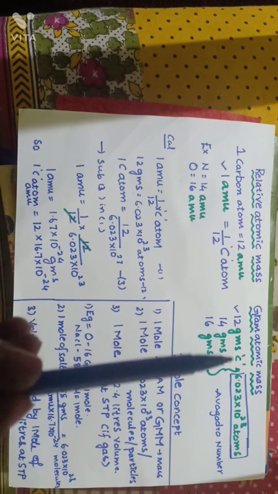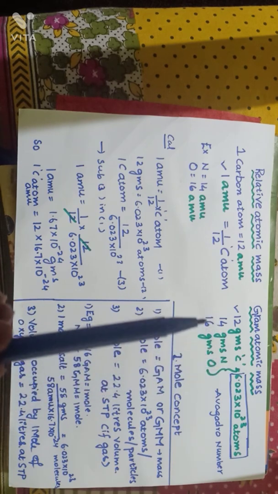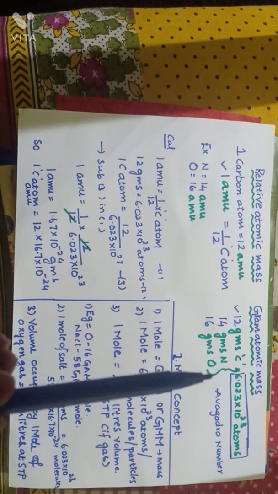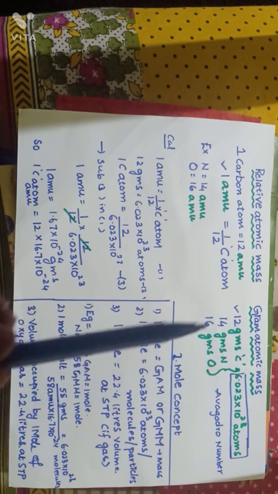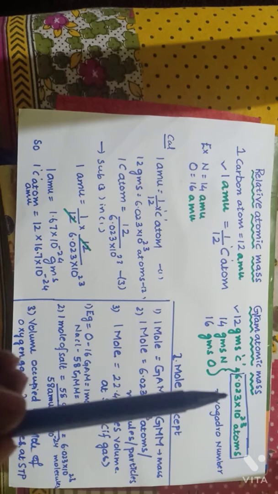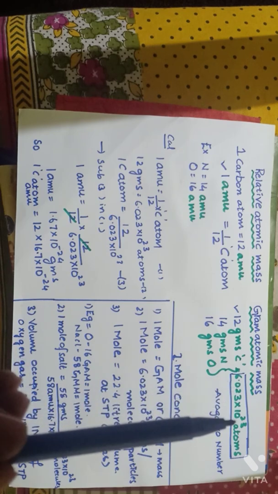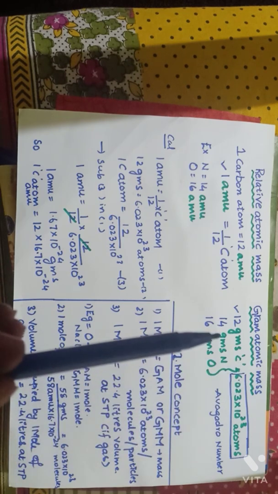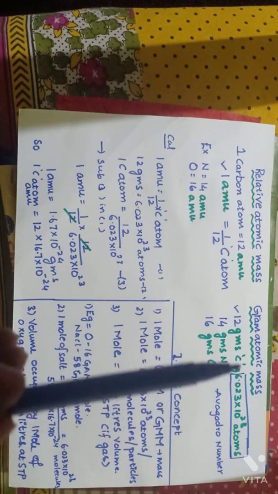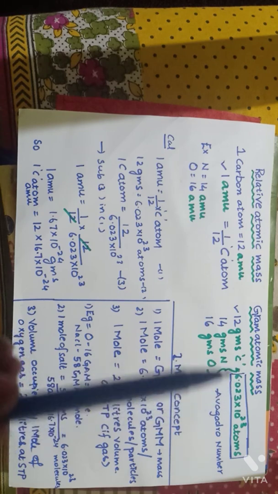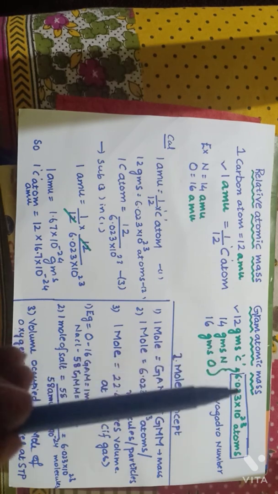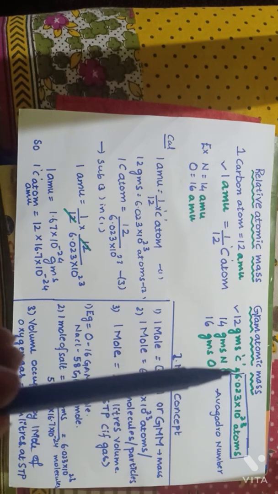It can be anything: 12 grams of carbon, 14 grams of nitrogen or 16 grams of oxygen. Any atomic mass or molecular mass you take contains 6.023 into 10 power 23 atoms if it is atomic mass, or molecules if it is molecular mass. So this is a measurement compared to the Avogadro number.